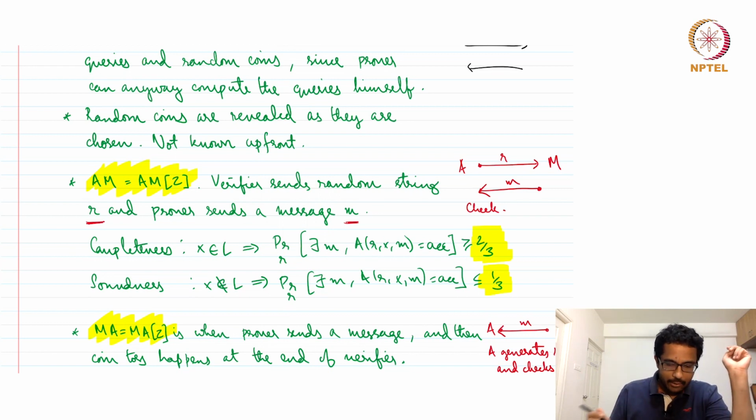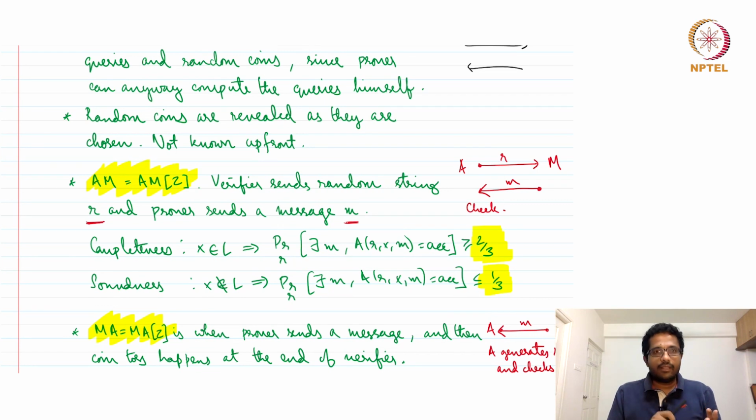So let's try to look at the completeness and soundness. When X is in the language, completeness: a random string is sent, and the prover should be able to pick a message such that the verifier can verify the message M, the random string R, and his input X, and it should be accepted with probability at least 2/3.